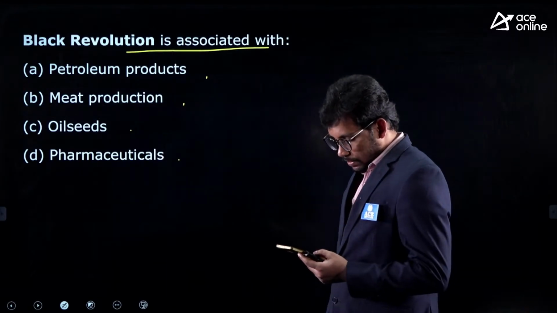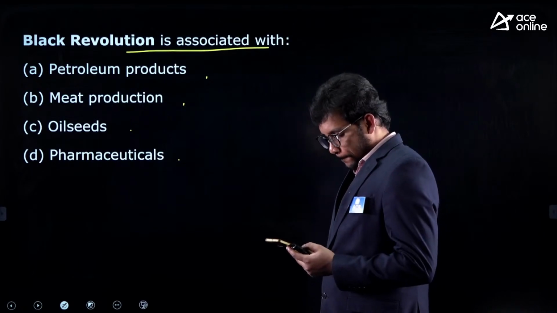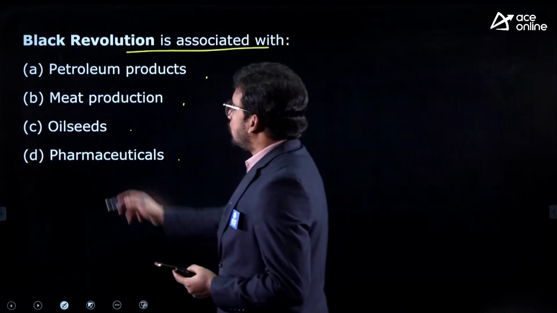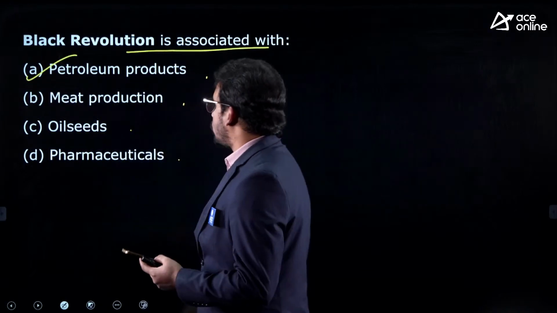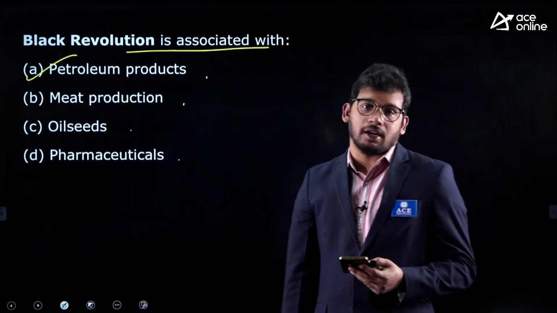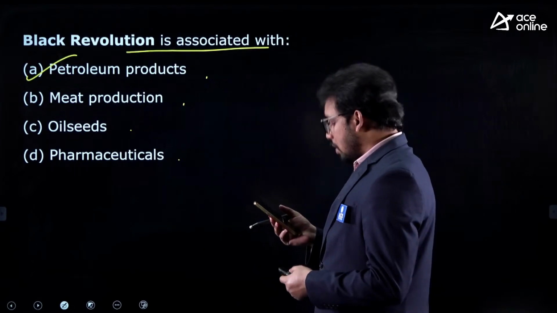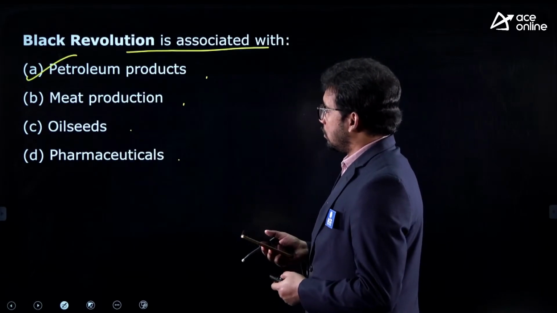So what is the answer? Yes, very good. Someone has already answered this. The black revolution is associated with petroleum products. So crude oil, it is black in color, right? So yes, Ralte, Vikas and Mahalakshmi have answered, right?